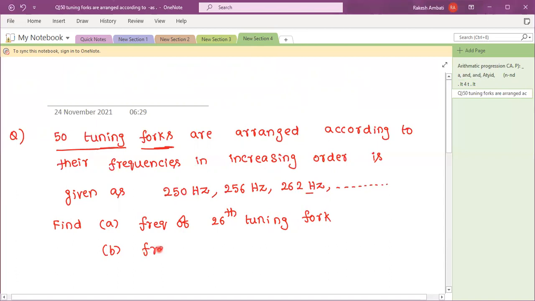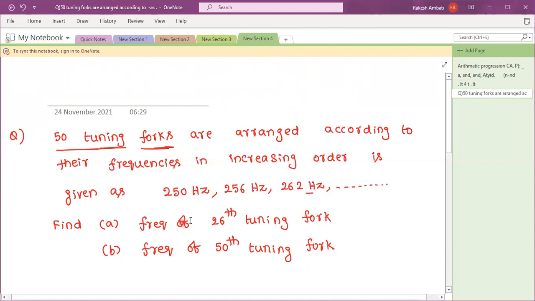In the same way, we have to find the frequency of the 50th, that means the last tuning fork. So these two questions we have to find out.